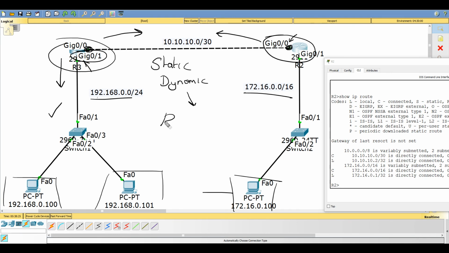And these are routing protocols like RIP, the Routing Information Protocol, OSPF, the Open Shortest Path First protocol, EIGRP, the Enhanced Interior Gateway Routing Protocol. And this will allow the routers to communicate with one another and advertise the routes that each router knows about. And through this dynamic communication, we're able to ensure that everyone will know how to reach every network that we need them to reach.